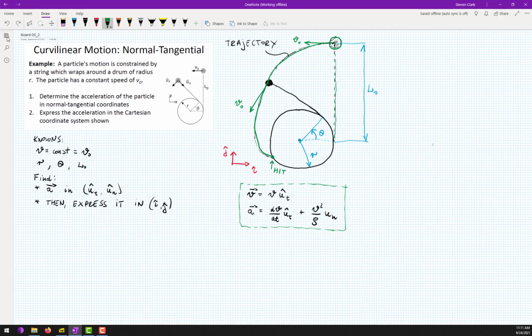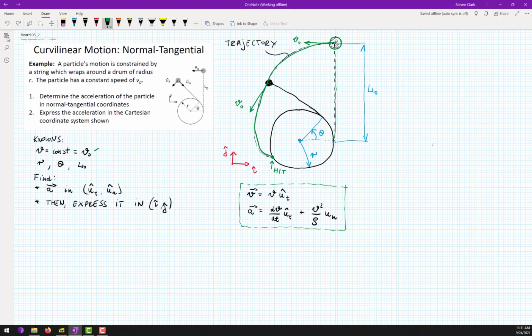That rope wraps around that cylinder. For example, if particle is here, the rope will be here, and velocity will still be v0 until our particle hits the drum, hits the cylinder.